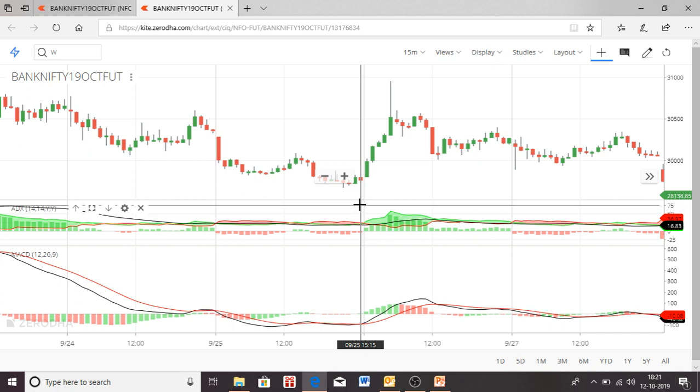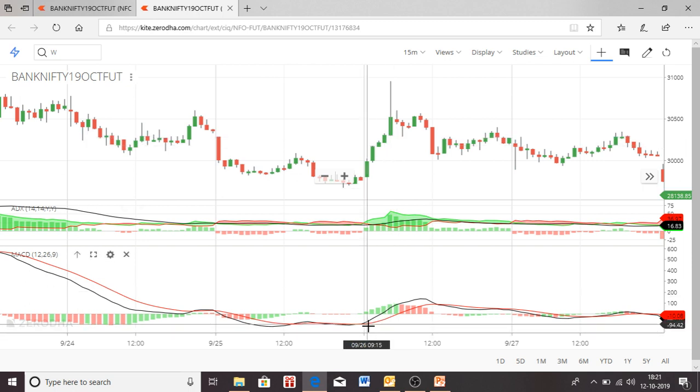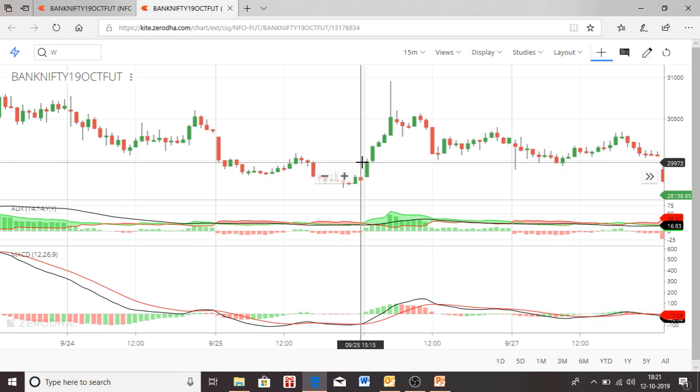Now what the strategy says, and what is the inverse use of it. Generally we use ADX when it is above 25 or 30, right? That means if ADX is above 25, the strength of that trend is very strong. When the MACD signal line is crossing, that is when we are taking our trade.